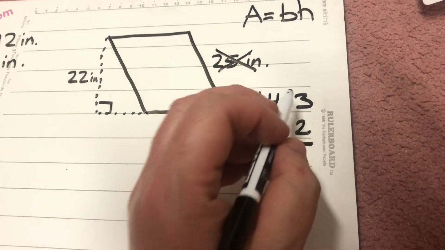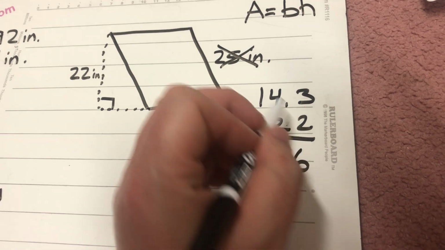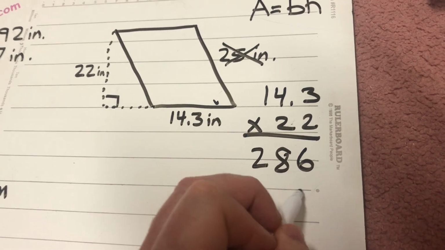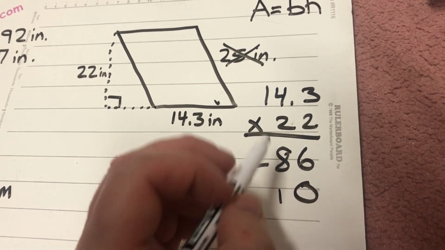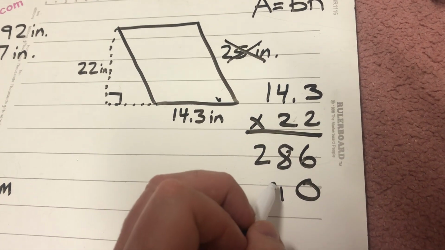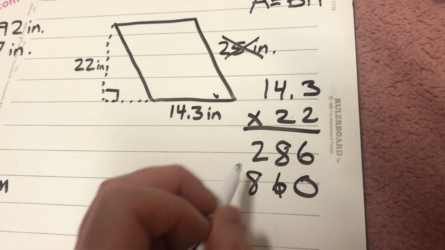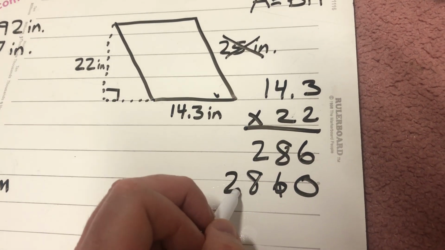So here we go. 2 times 3 is 6. 2 times 4 is 8. 2 times 1 is 2. Put a 0 down so everything lines up with my 2. 2 times 3 is 6. 2 times 4 is 8. 2 times 1 is 2.